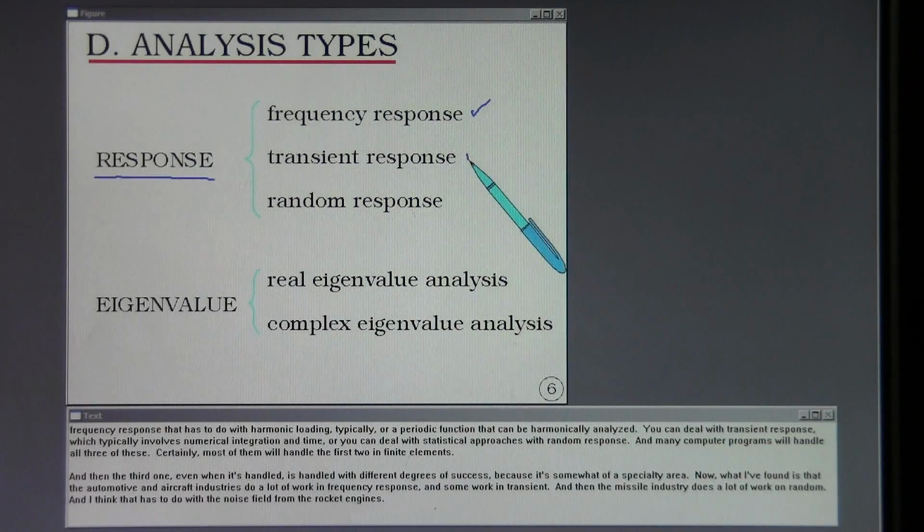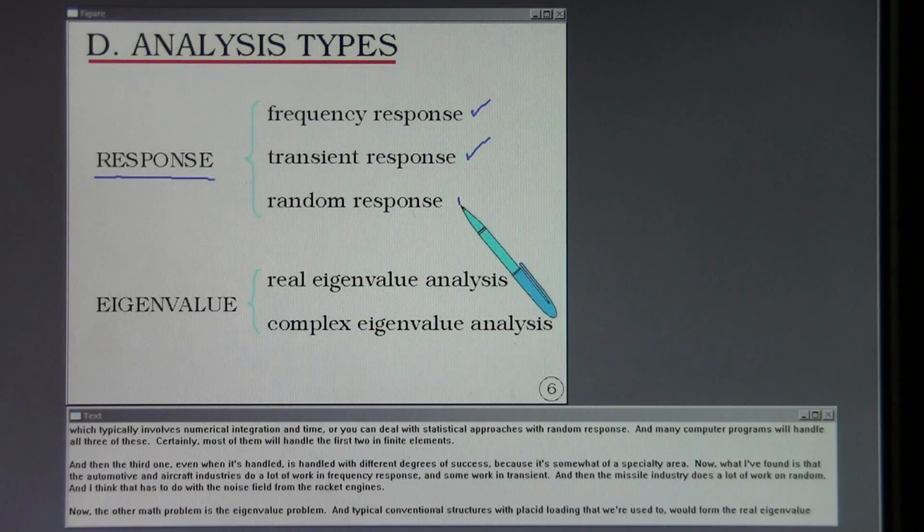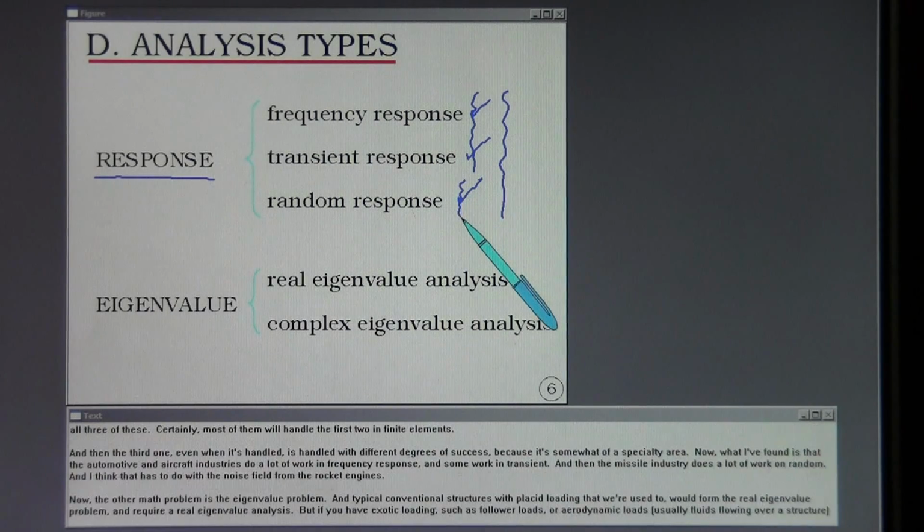You can deal with transient response, which typically involves numerical integration in time, or you can deal with statistical approaches with random response. And many computer programs will handle all three of these. Certainly, most of them will handle the first two in finite elements, and then the third one, even when it's handled, is handled with different degrees of success because it's somewhat of a specialty area.